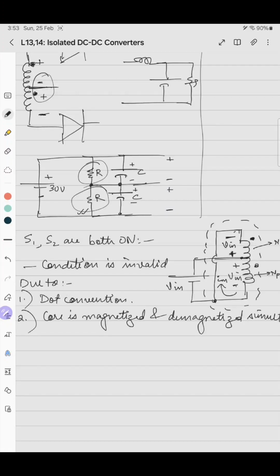So what happens is, if we ground this port, then this is 15, this becomes ground, and with respect to ground, this is at the lower potential. So this terminal becomes plus 15 and this terminal becomes minus 15 volts if you ground this.